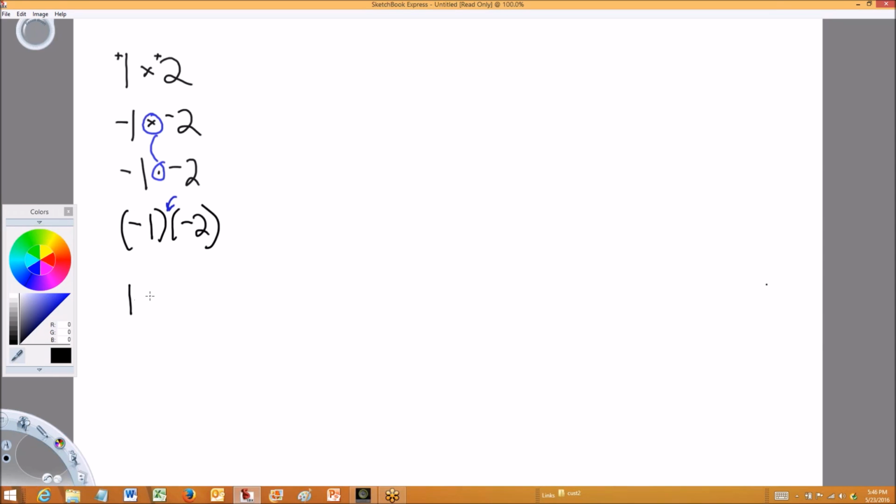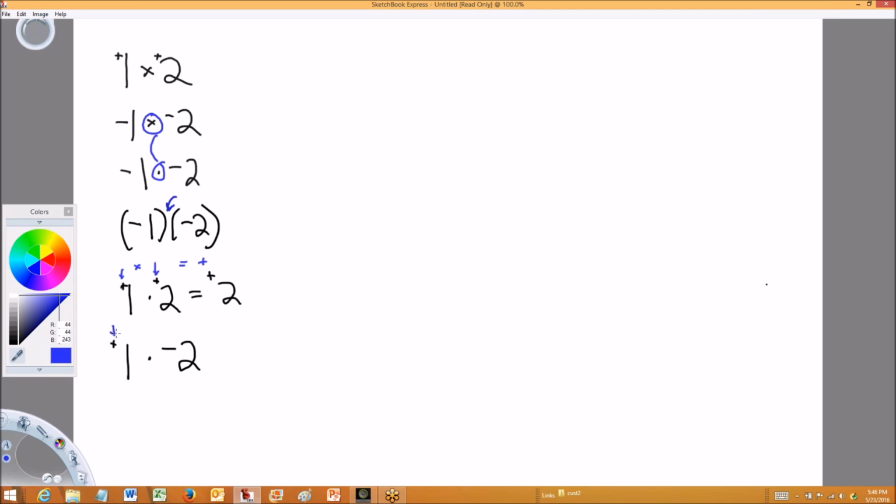Okay, going back to 1 times 2, and again implied positives. 1 times 2 is a positive 2. So in this case, we see that a positive times a positive equals a positive. Now, if we make one of these negative, 1 times a -2, again, this is implied a positive, right?